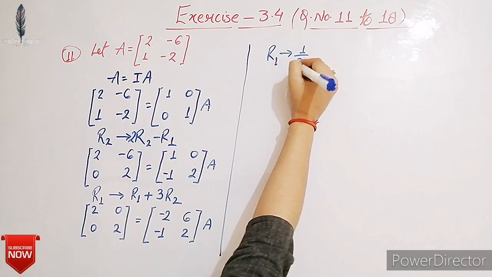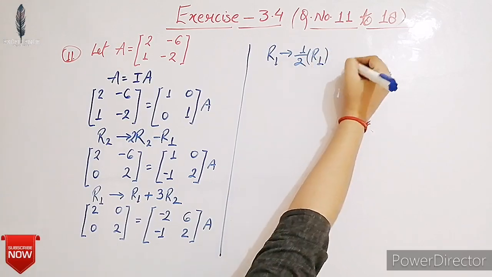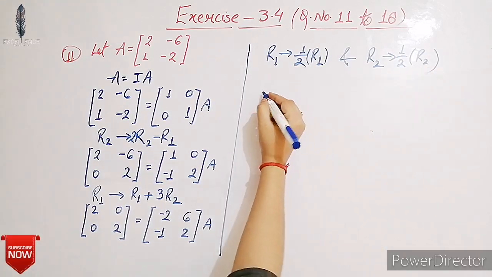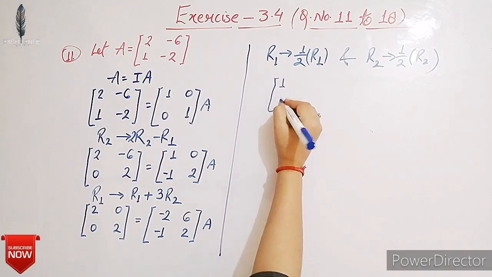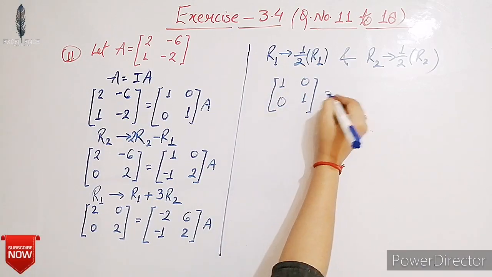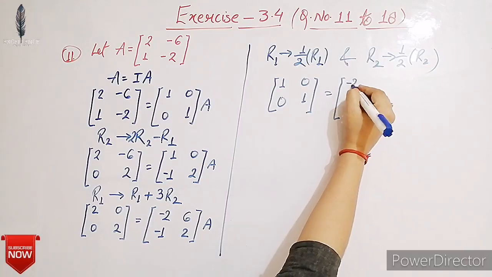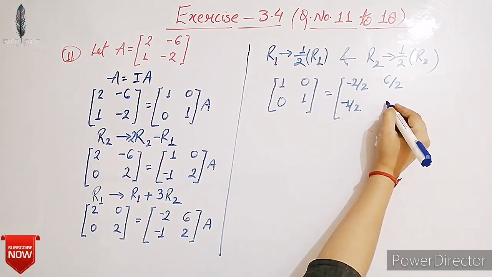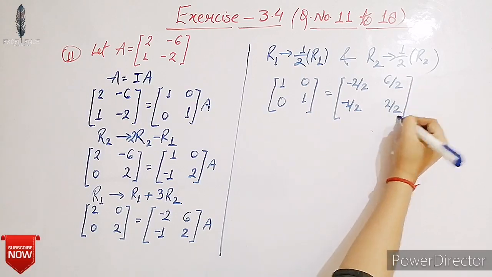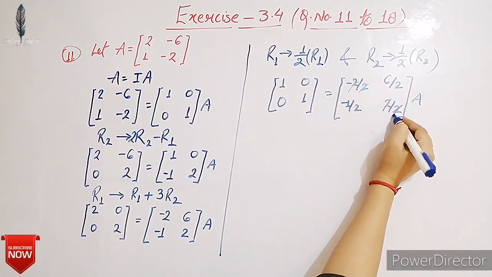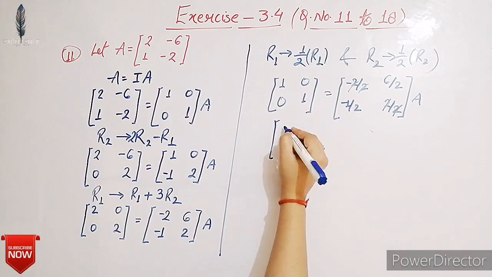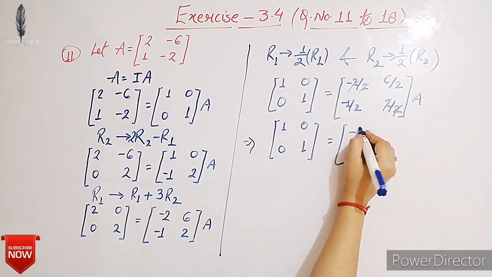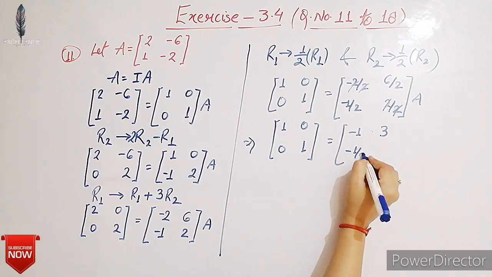So R1 changes to 1 by 2 R1 and R2 changes to 1 by 2 R2. Then we get the identity matrix, that is 1 0 0 1, equals minus 2 by 2, that is minus 1, and 6 by 2, here minus 1 by 2 and 2 by 2, that is 1, times A. Now the required inverse of the given matrix is minus 1 3 minus 1 by 2 1.